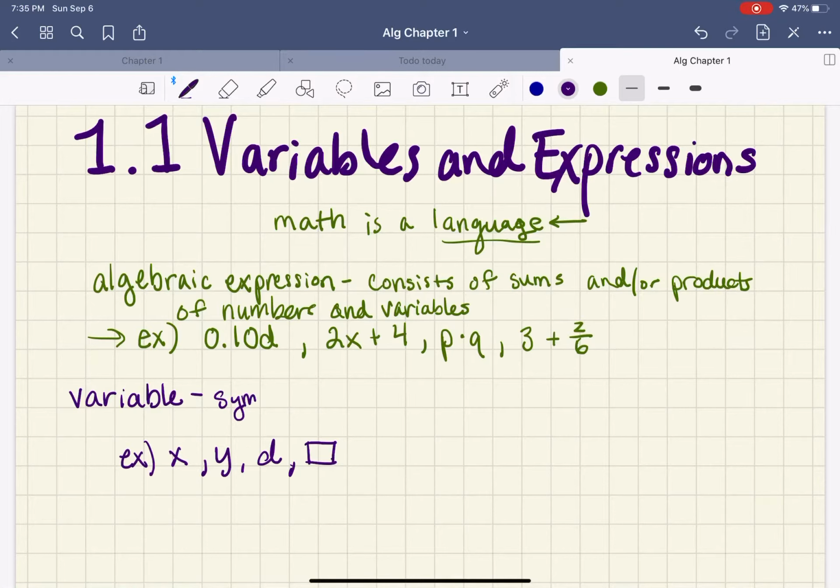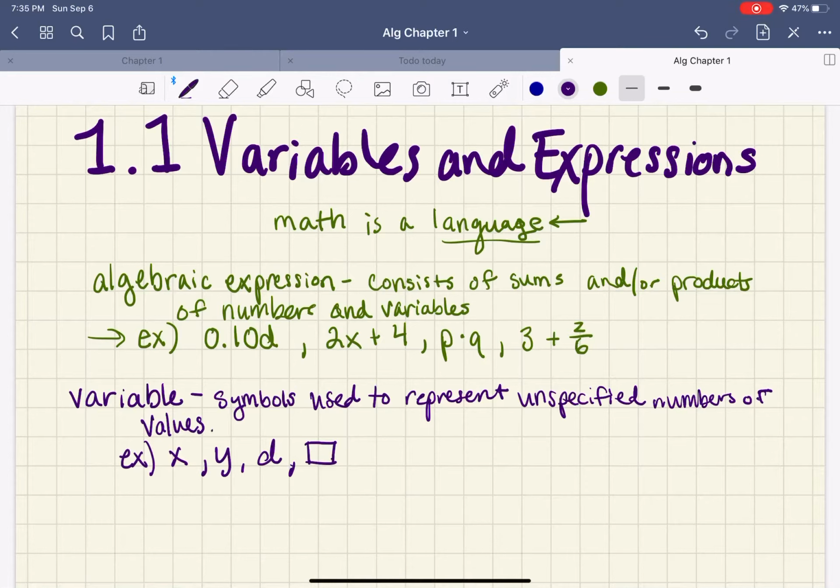So we officially call it symbols used to represent unspecified numbers or values. And you can use any letter. Any letter can be a variable. All right.